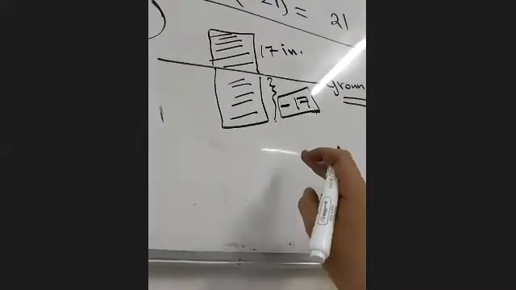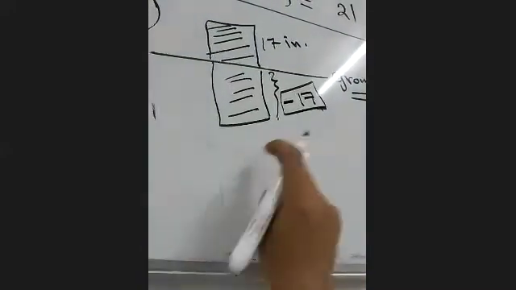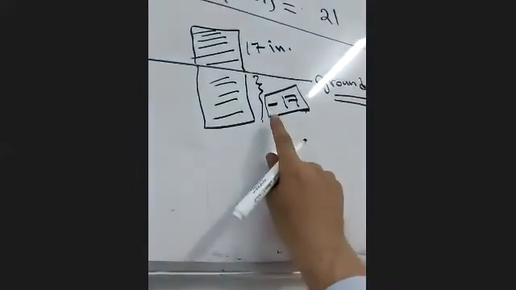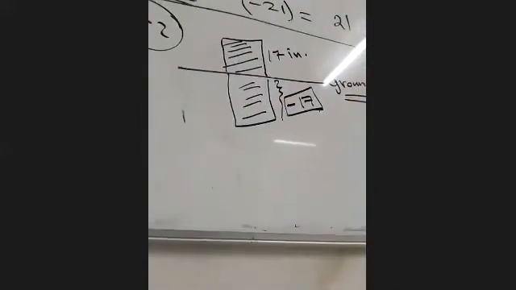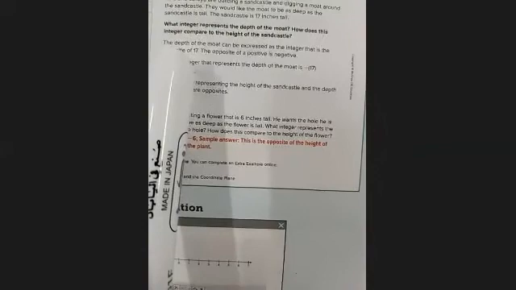Now, negative 17 is not the depth. The depth is 17. But the negative means we are going where? We are going down. So let's go to the book and read there. Read here. What integer represents the depth? Read, mister. The depth of the moat can be expressed as the integer that is the positive of the opposite of 17.